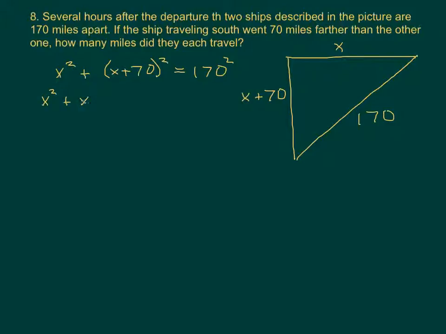So the parentheses here goes out. If you FOIL it, you'll get x squared plus 70x plus 70x plus 70 squared. So we're going to do x squared plus, and then 70x plus 70x is 140x plus 70 squared.